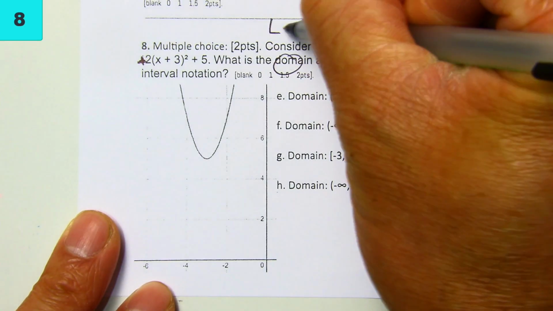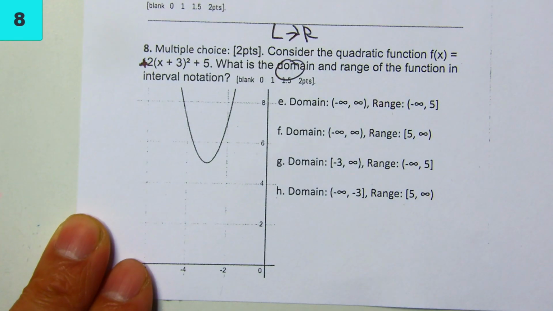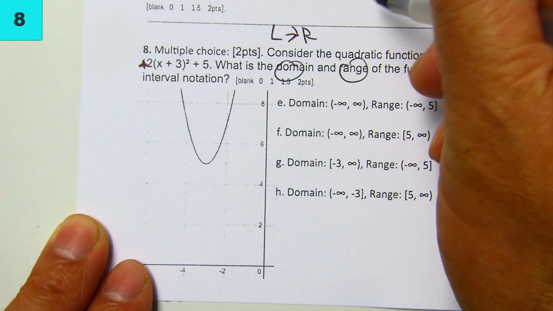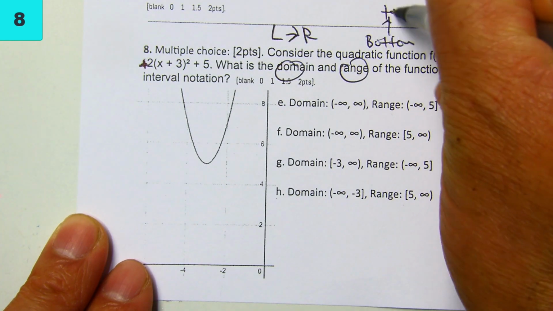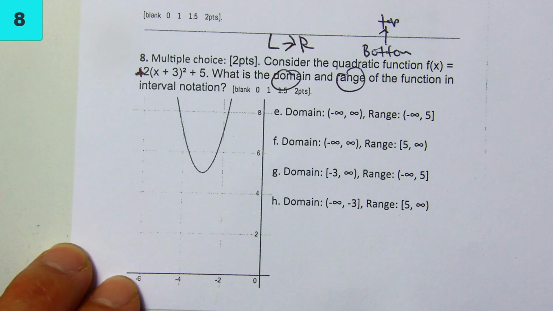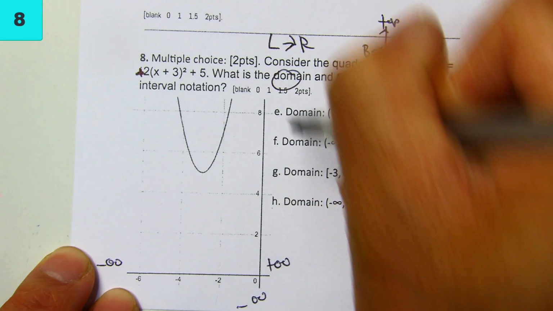All right, question number 8 is find the domain and the range. For the domain, you're going to go from left to right, negative infinity to positive infinity.